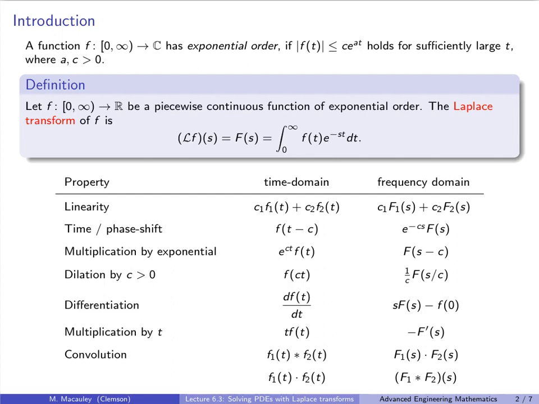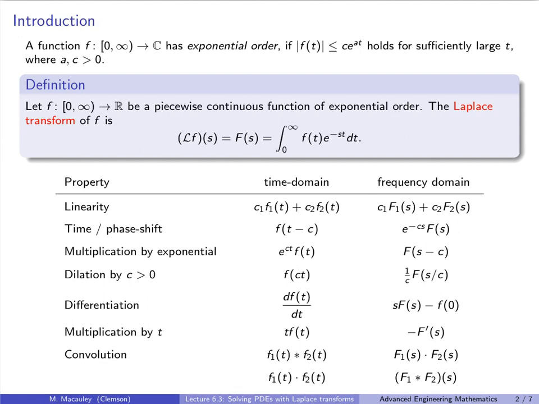So the theme here is that if we know the Laplace transform of a function in the time domain, and then we modify it, like we take a linear combination or we shift it or dilate it or take the derivative, then we know how to compute the Laplace transform in the frequency domain without having to do the integral from scratch.